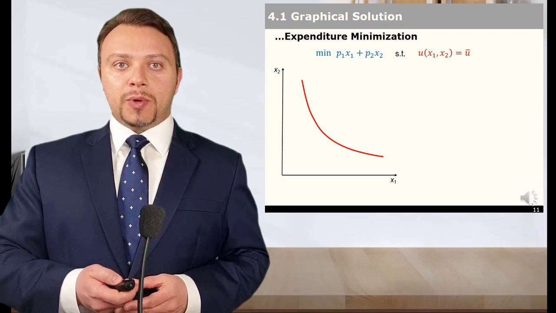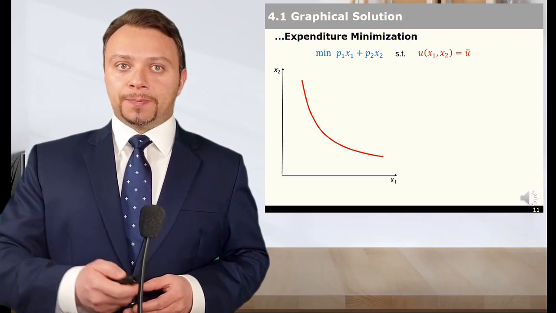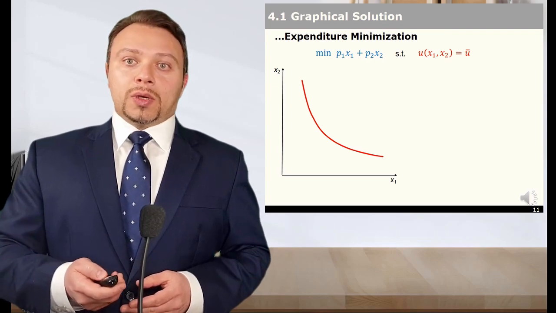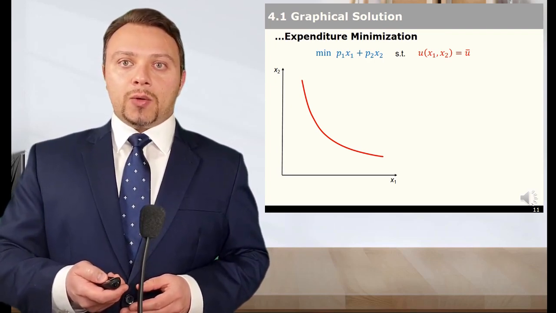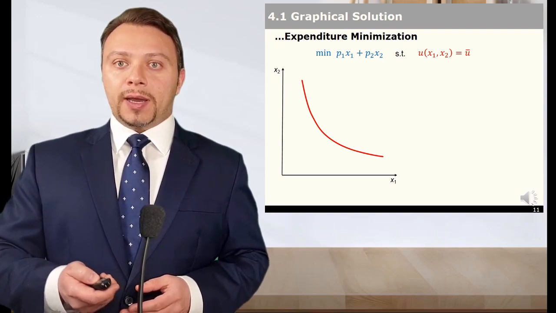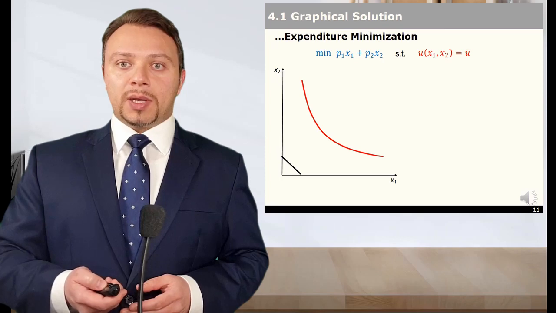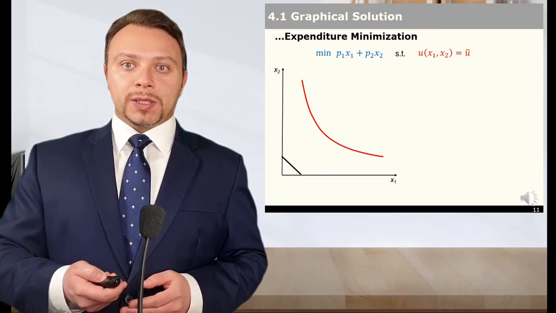In the beginning, your brother knows he wants to achieve exactly this utility level. So maybe he first of all tries to calculate, okay, how much utility will I get if I spend this amount of money. And he sees, okay, this will not suffice.